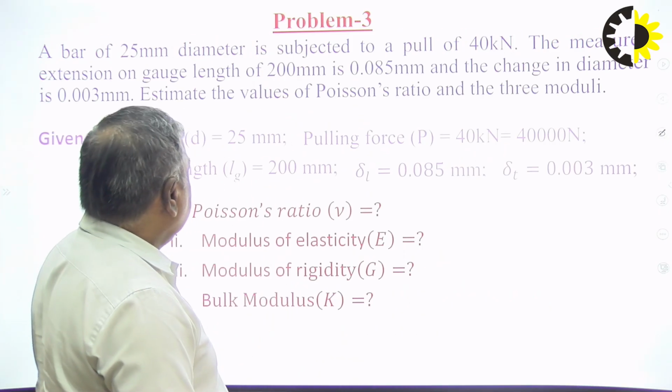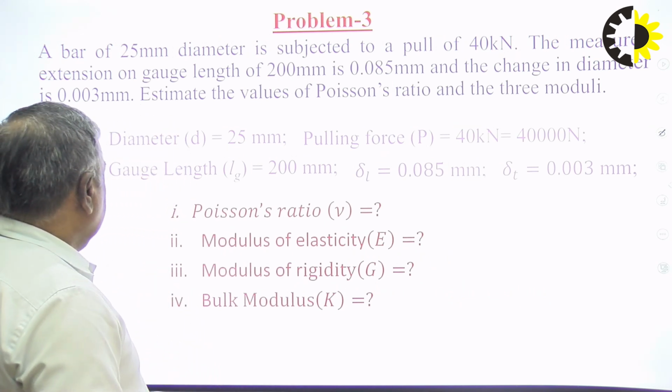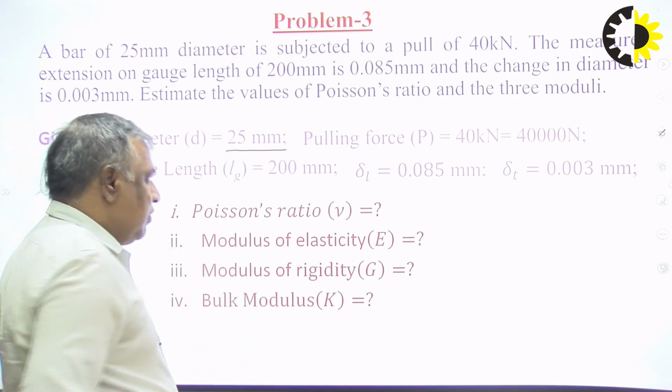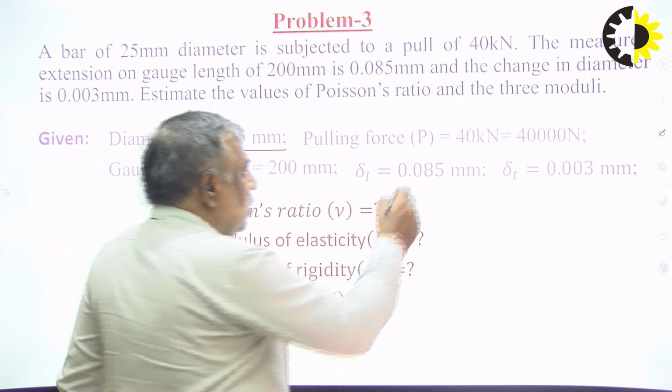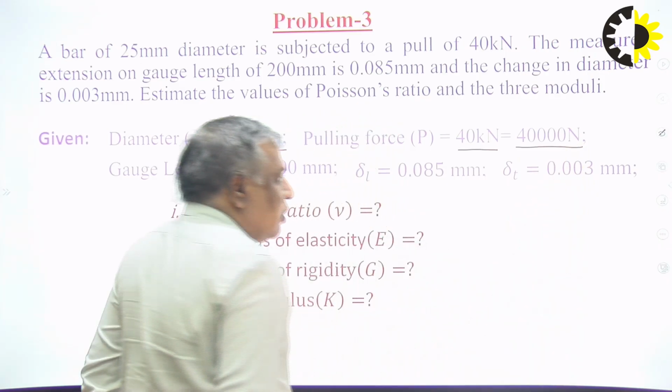This is the first problem. A bar of 25 millimeter diameter is subjected to a pull force of 40 kilonewton, written here as 40,000 Newton.